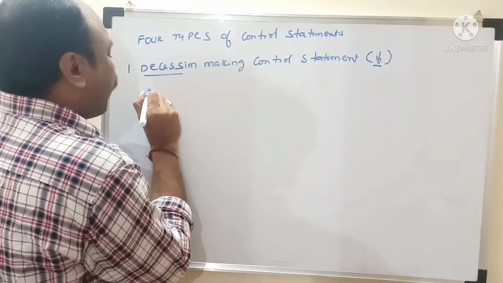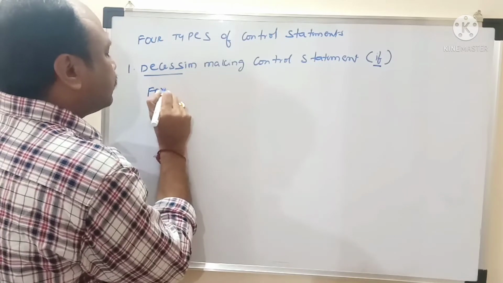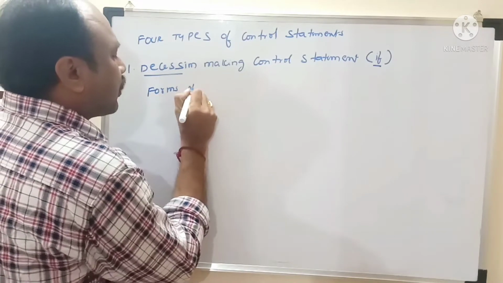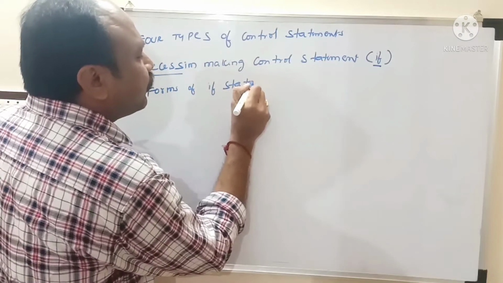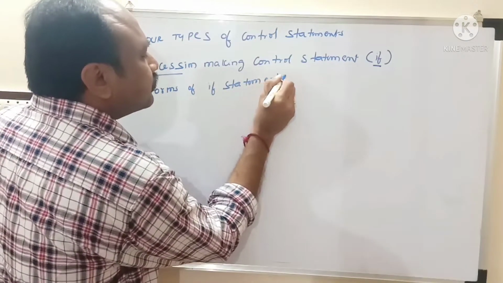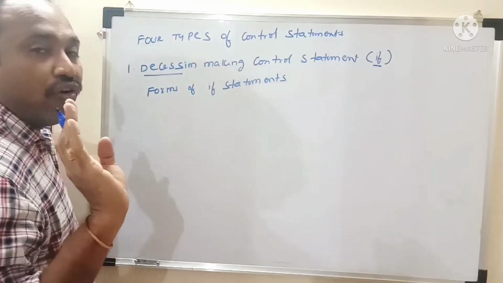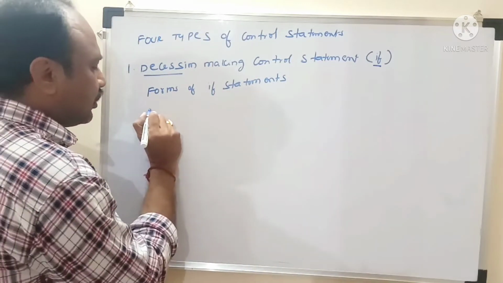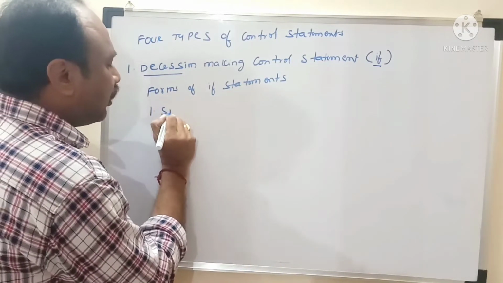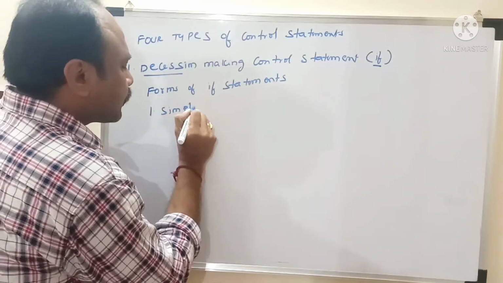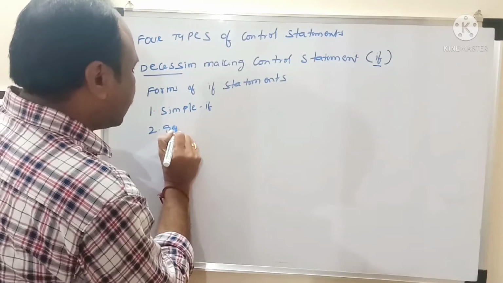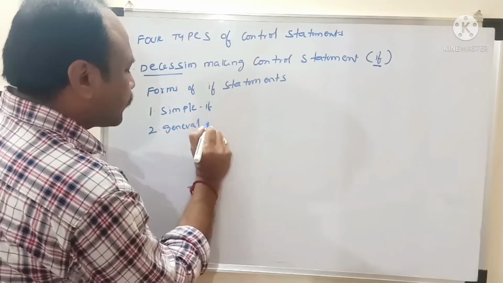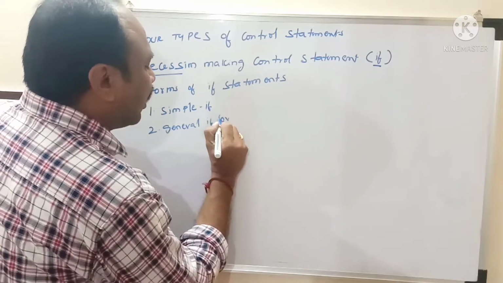Now we will discuss forms of if statements. There are four forms of if statements. Number one, simple if. Number two, general if or if-else.